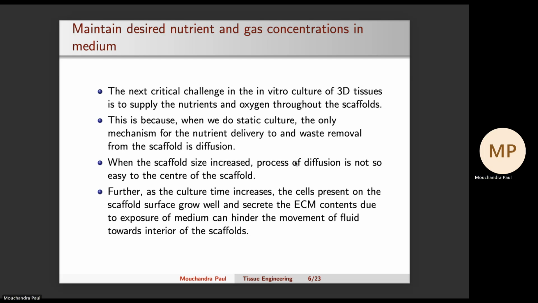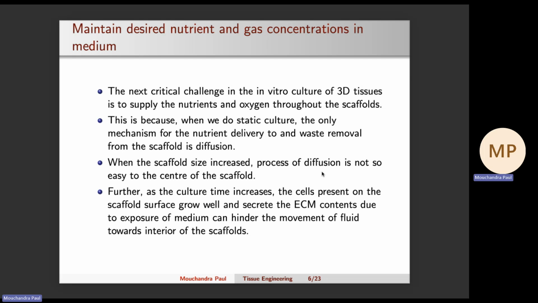Okay, but the diffusion process cannot ensure very long distances. Means the mass that is getting diffused cannot travel very long distances. Diffusion will only happen when a concentration gradient is created.